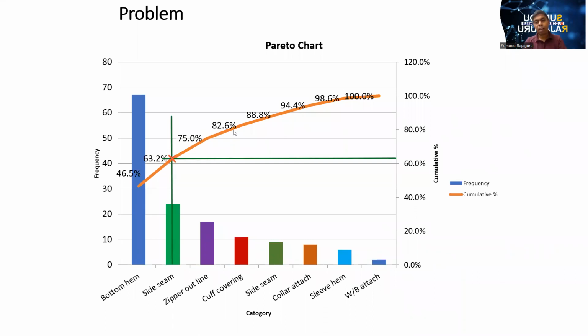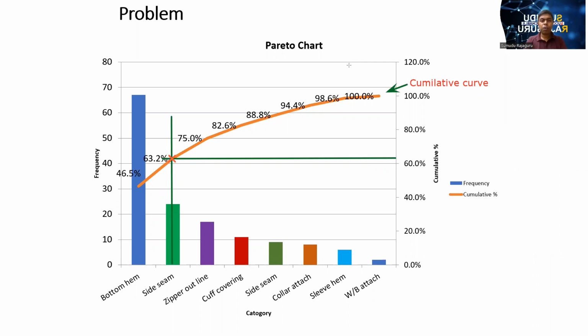Likewise, we can mark all points and draw a very smooth freehand curve, which is called the cumulative curve. Now the Pareto chart is complete.